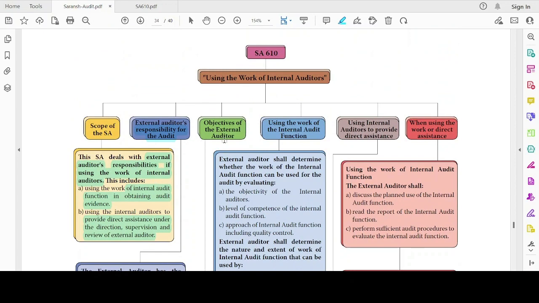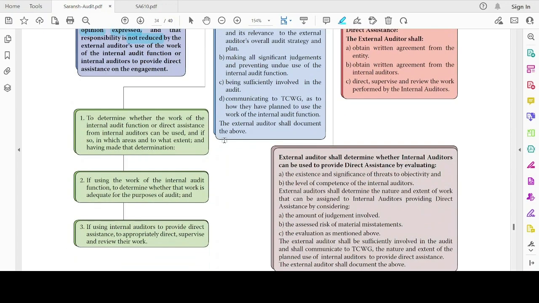Now, the objectives of the external auditor: to determine whether the work of the internal audit function or direct assistance from the internal auditors can be used, and if so, in which areas and to what extent. Having made the determination, if using the work of the internal audit function, to determine whether the work is adequate for the purpose of the audit, and if using the work of internal auditors, to appropriately direct, supervise and review their work.